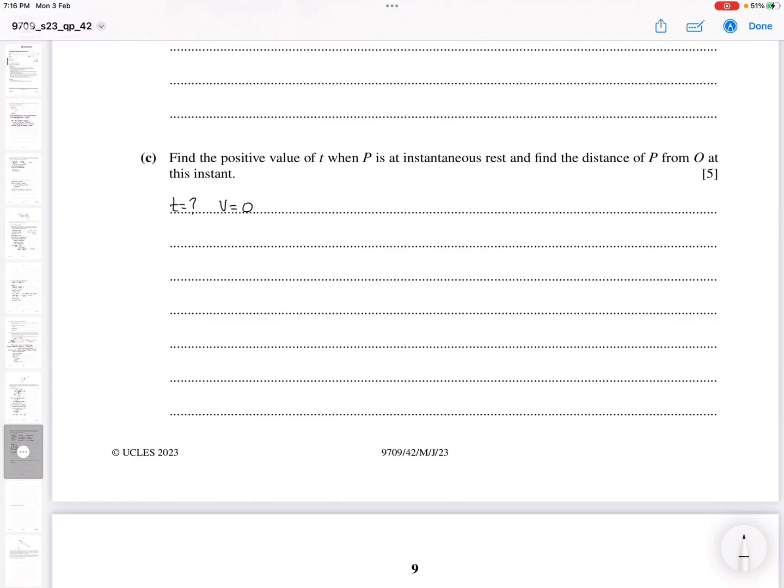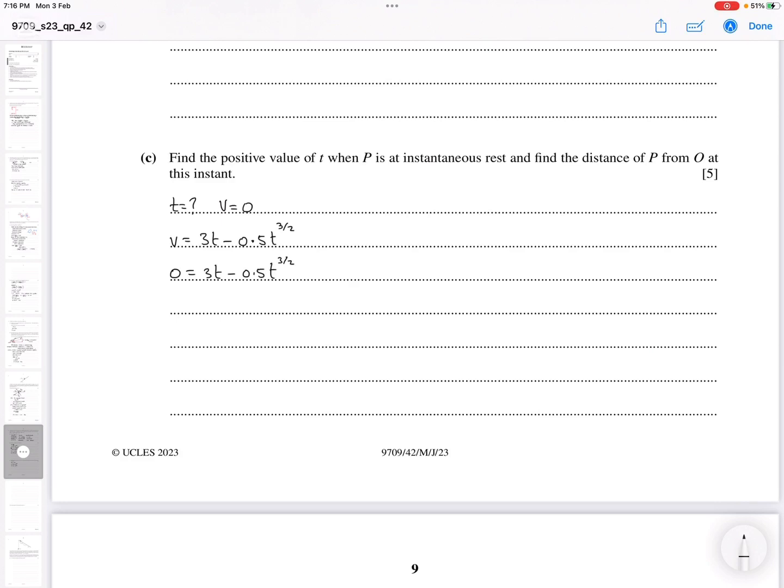Because when p is at instantaneous rest, velocity becomes 0 there. So you can write v equals 3t minus 0.5 t power 3 by 2, and put 0 in velocity.